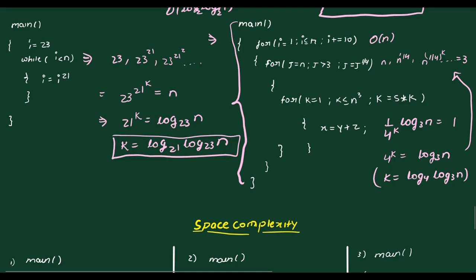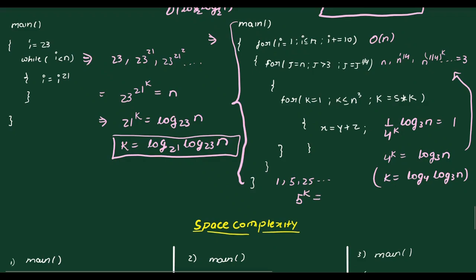Now analyze the last one. First you have k equals 1, then each time you are multiplying by 5, so it is 5, then 25, and so on, right? So this is a GP. You can write it as 5 power k.